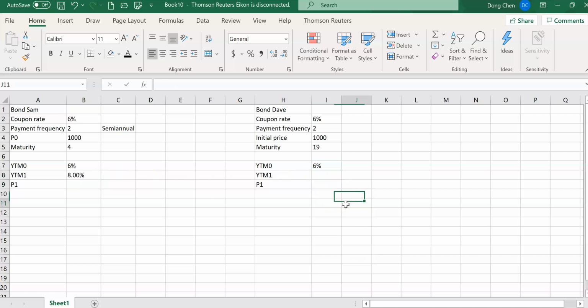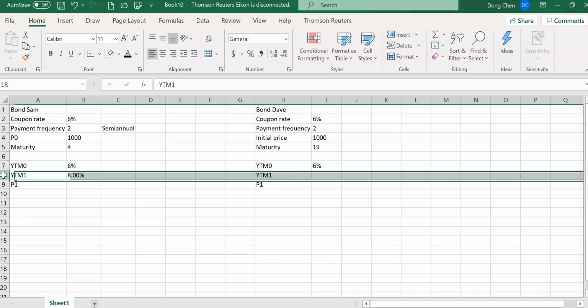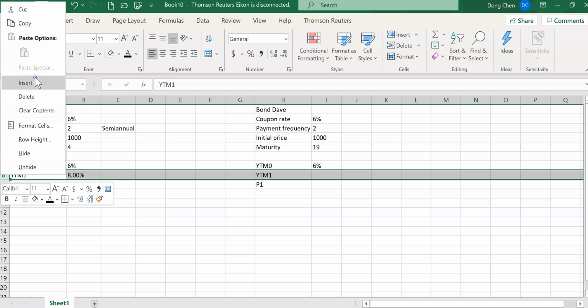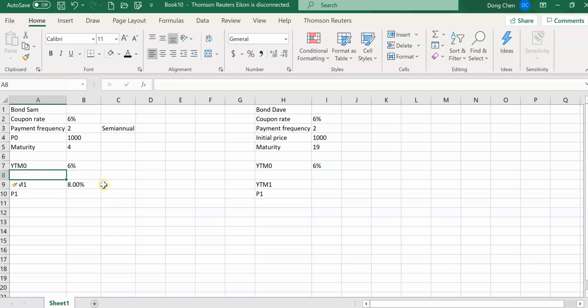Actually, for ease of calculating later, let me just use change in interest rate, YTM. And this is 2%, and this is true for both bonds.